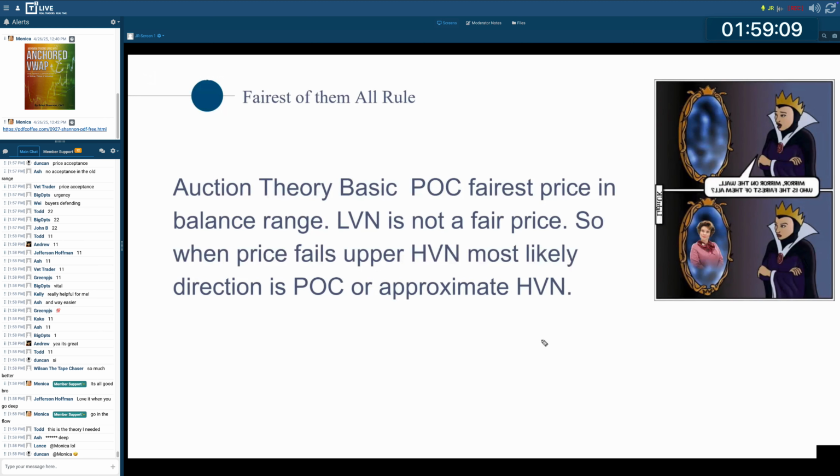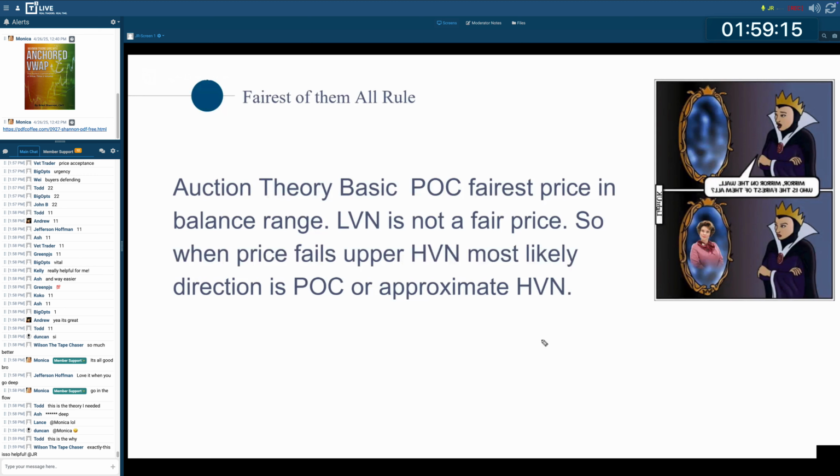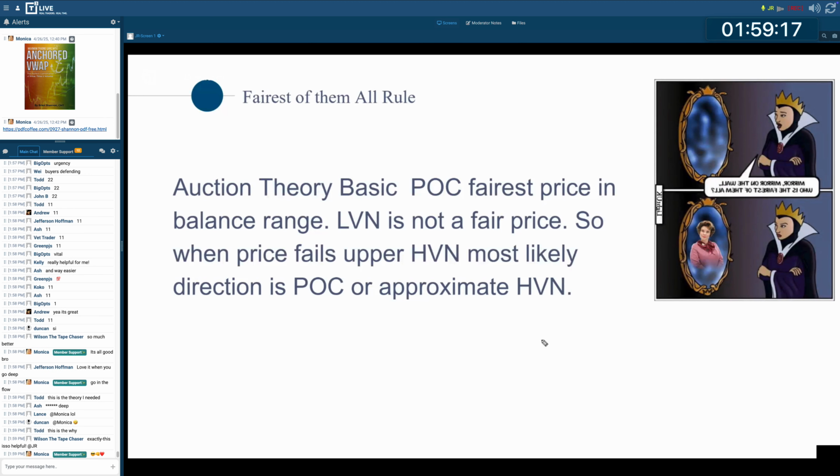Trying to read tape, if you don't understand the difference between a rapid rotation from one high volume node to the other and value filling between two value areas or two high volume nodes, there's no tape reading that's going to fill that gap. No pun intended. Make sense?